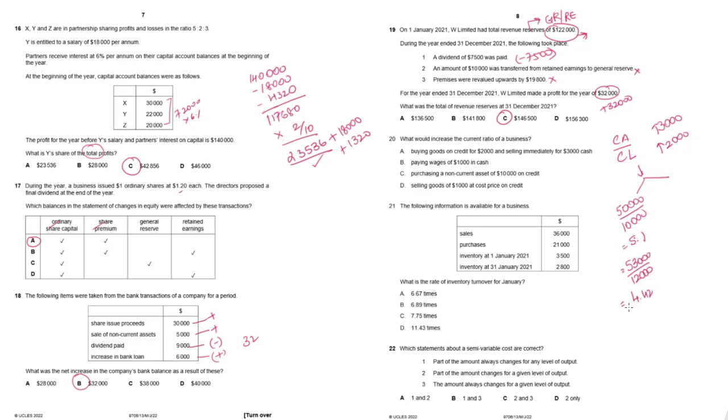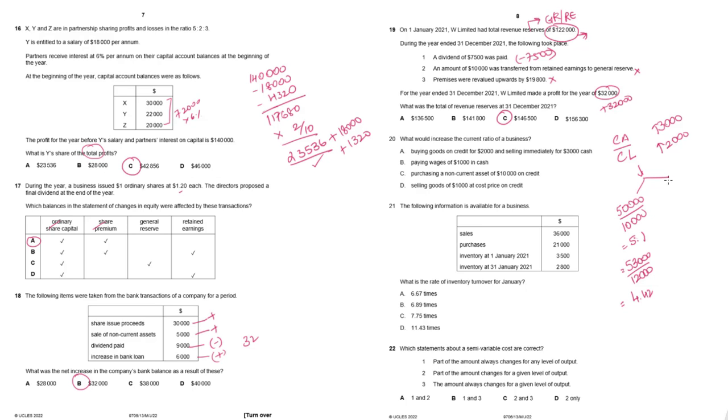Why? Because it's the game of proportions. 3,000 is a lesser proportion of the overall current assets compared to what 2,000 is of the total current liability. So denominator is increasing by greater percentage. That is why.